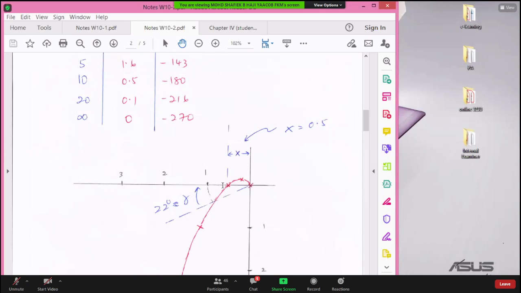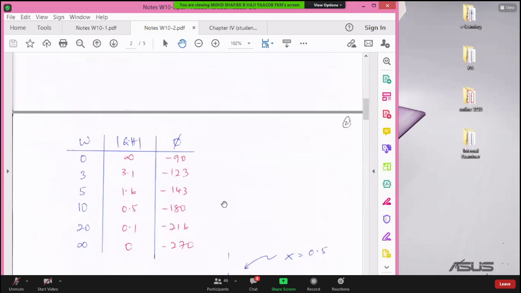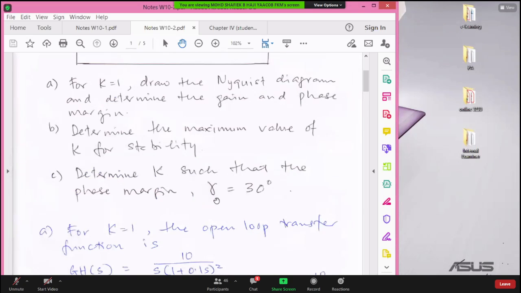When k is equal to 2, your phase margin is 0, meaning that you're already at marginal stability. So to fulfill this criterion, phase margin equal to 30, you need to decrease your k. Your k must be smaller than 1. Only then you can meet this criterion.